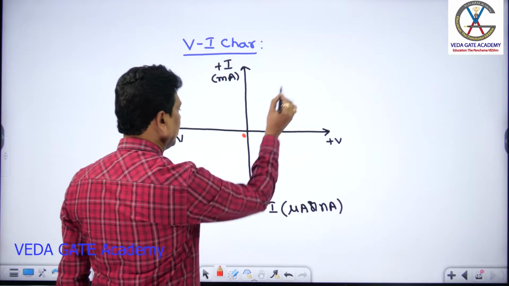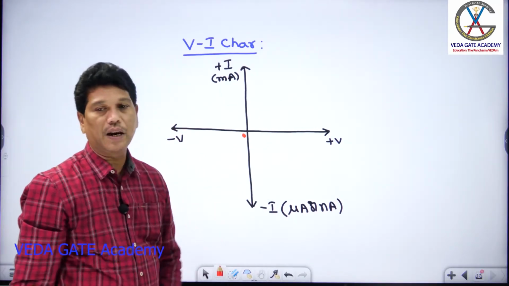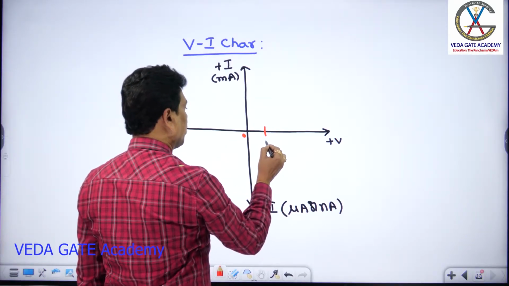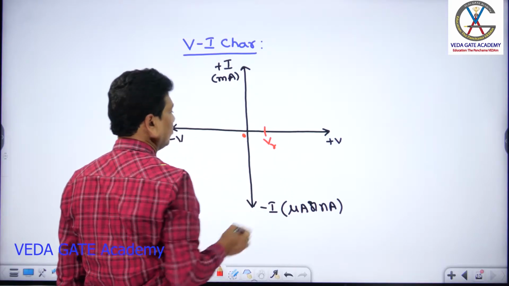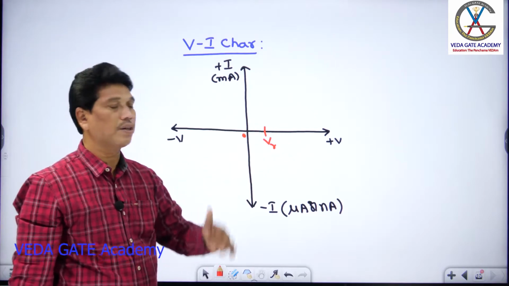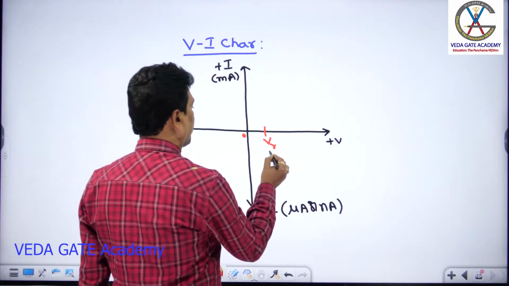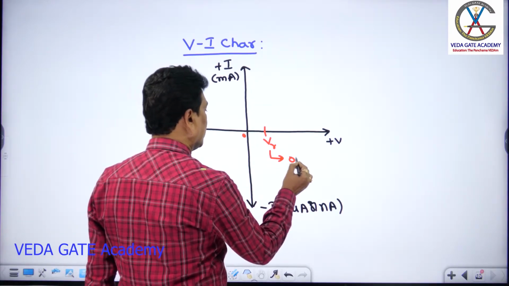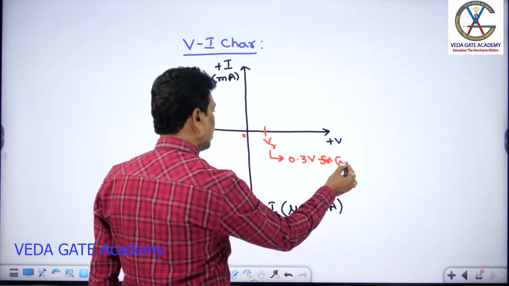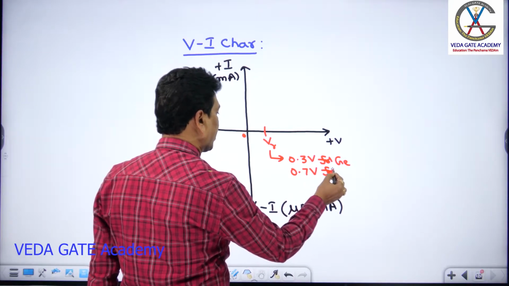In forward bias, ideally current starts immediately from 0 volt, but practically the current can flow only after the applied voltage crosses the cut-in voltage or barrier potential. This barrier potential is around 0.3 volt for germanium and 0.7 volt for silicon, and this is due to the barrier effect across the junction.